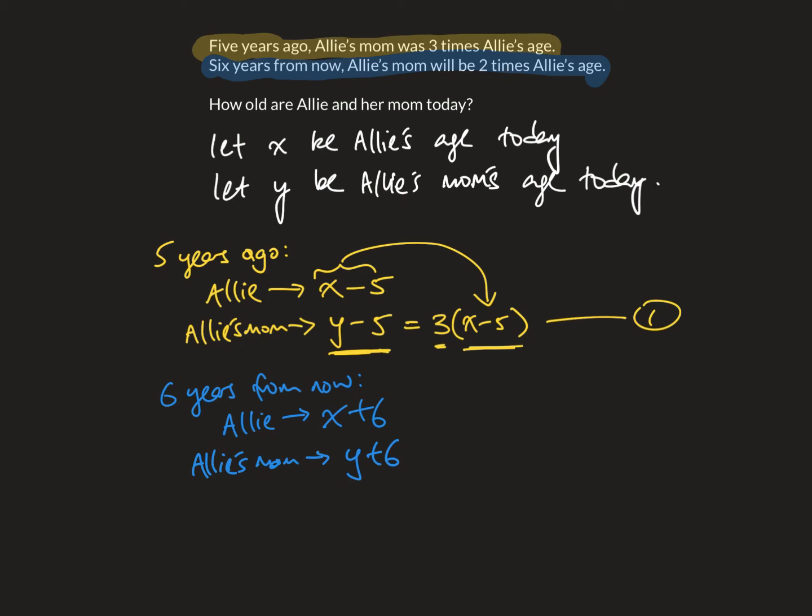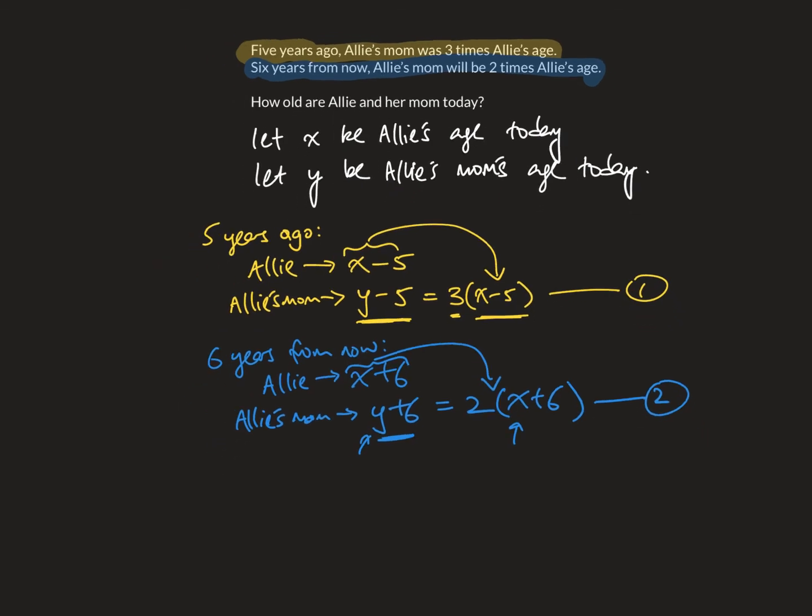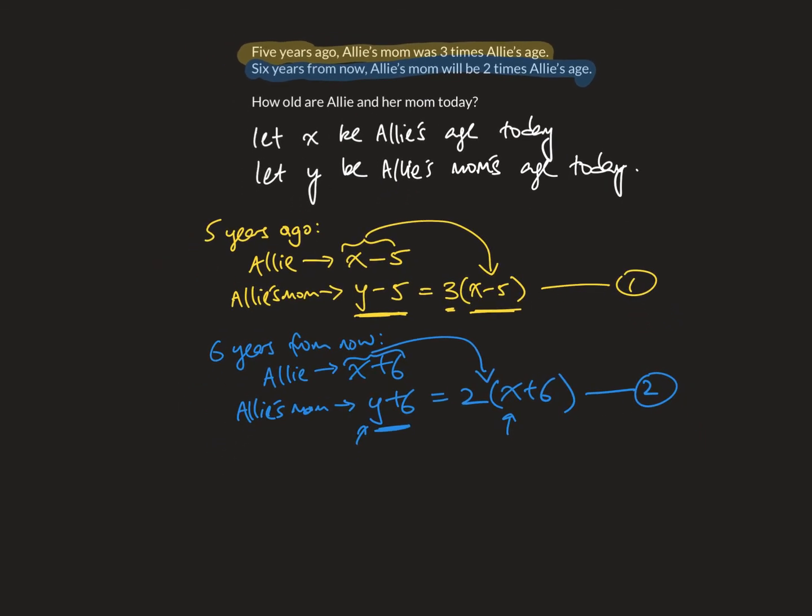But we can also see that 6 years from now, Ellie's mom's age will be 2 times Ellie's age at that point. We have an equation relating y and x. Second equation. There you have it. We have two equations relating x and y, and now we can solve simultaneous equations.